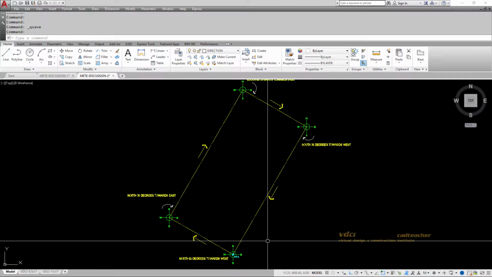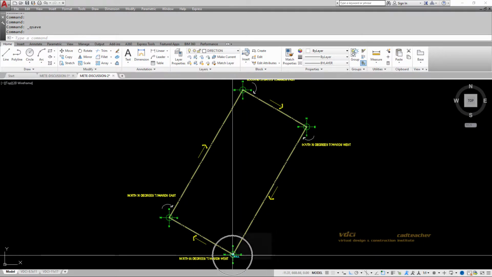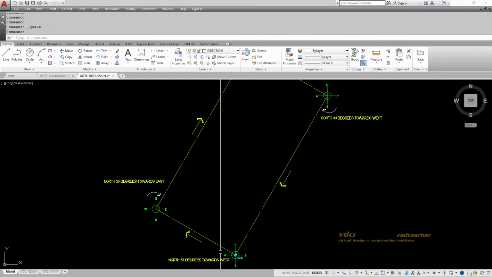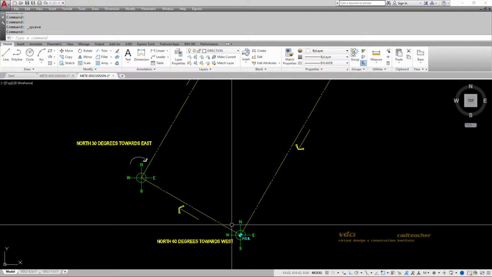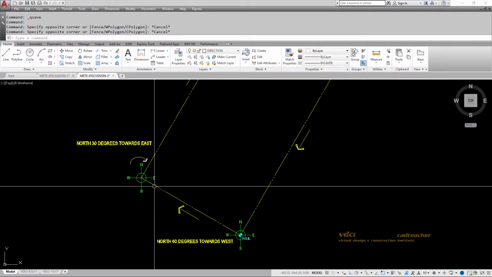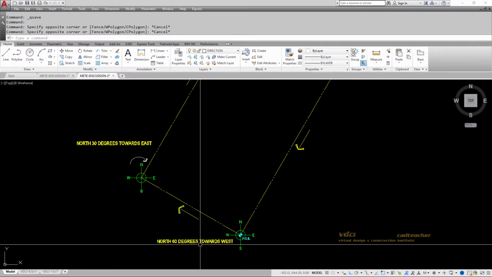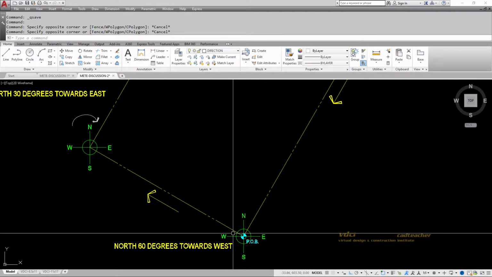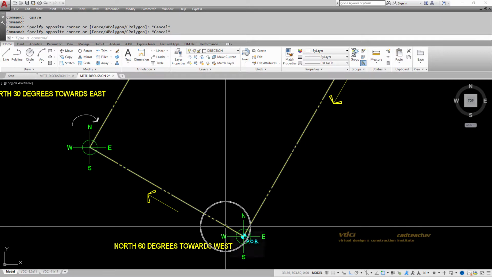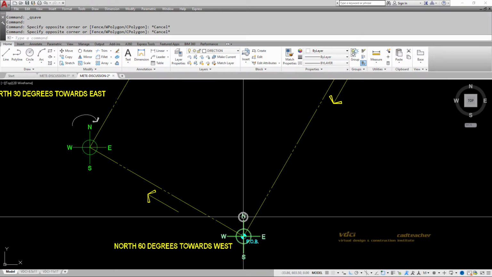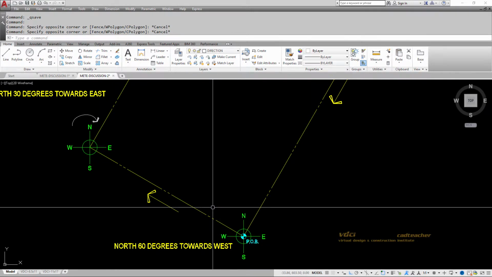If the surveyor starts at the point of beginning, and everything in this example is rotated 30 degrees, to go from my point of beginning to my point up here, I'm going to be going in the direction of north 60 degrees towards west. Because when you look at the compass, you can see that this line segment is in the top left quadrant, and it's going north 60 degrees towards west.